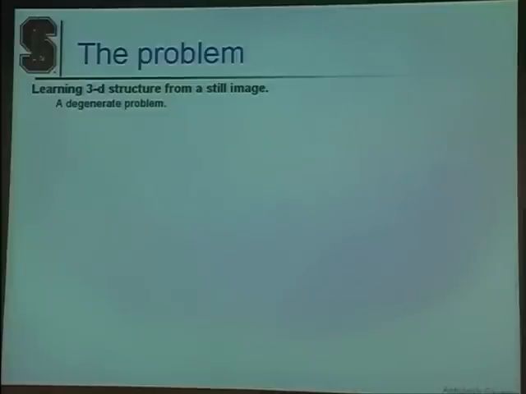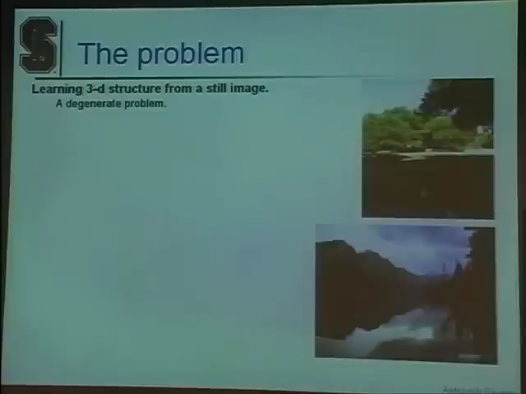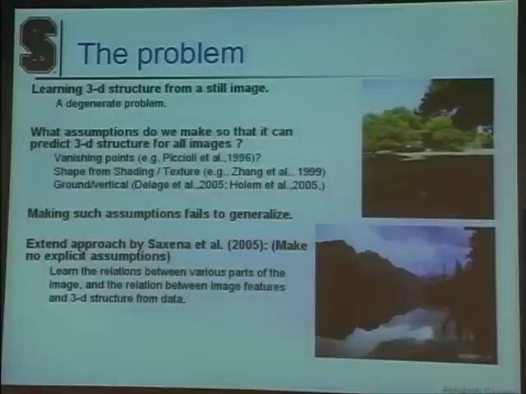Learning 3D structure from an image is a degenerate problem, in that if I give you an image, it might represent an infinite number of 3D models because it's a projection of the 3D world into the image plane. So we have to make certain assumptions to be able to get 3D models out of it.